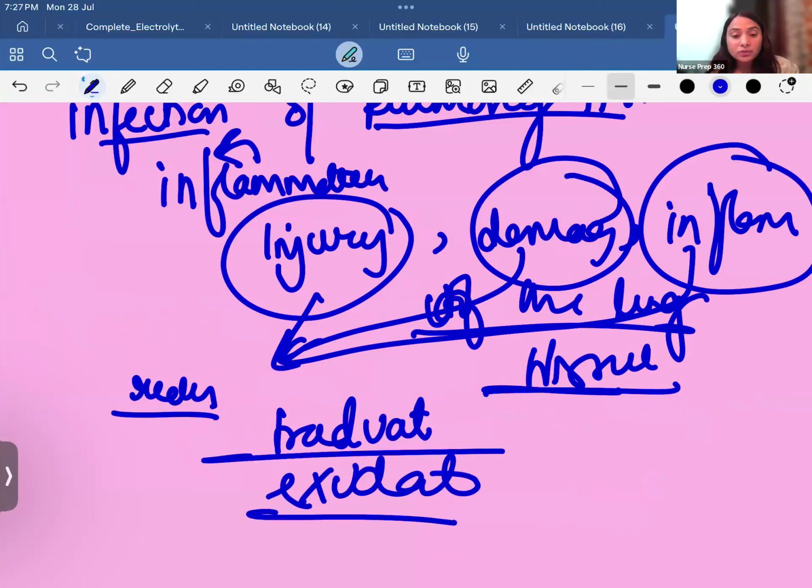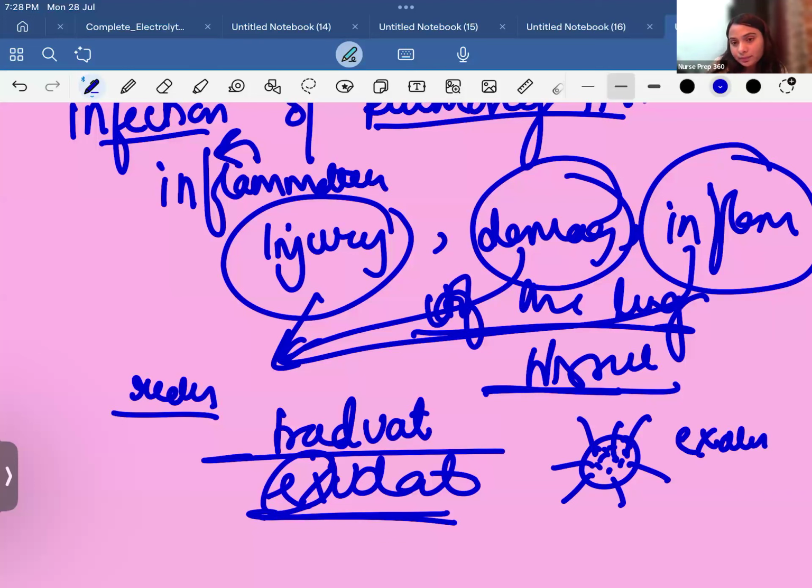What is the difference between transudate and exudate? What is transudate fluid, what is exudate fluid? Ex means from outside, away, extra. Exudate means, for example, there's a bacteria, and if this bacteria produces toxin, I will call it exudate.